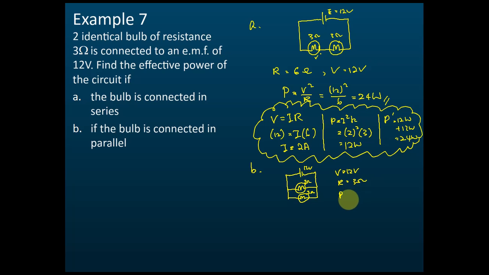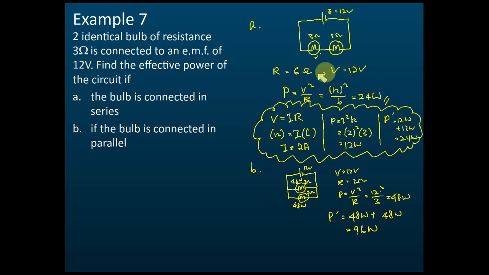So we can find the power P equals V squared over R, so 12 squared divided by 3, which is 48 watt. One bulb is 48 watt. This one is also 48 watt because they are identical bulbs. Therefore, the effective power P prime is 48 watt plus 48 watt, 96 watt.